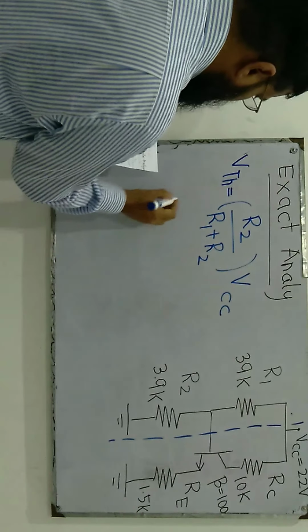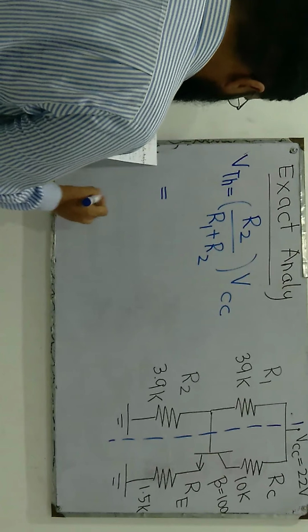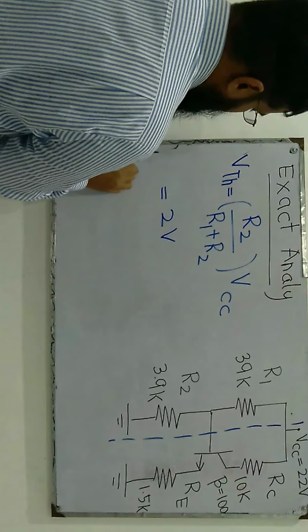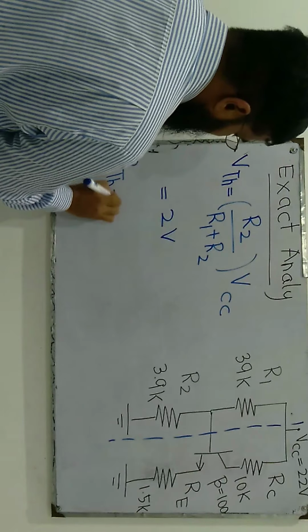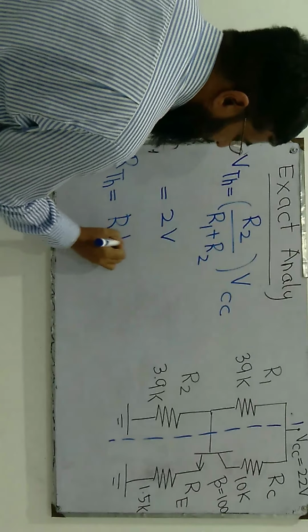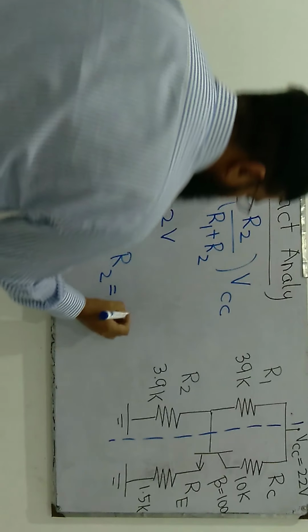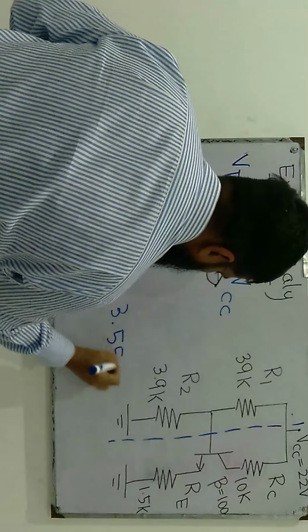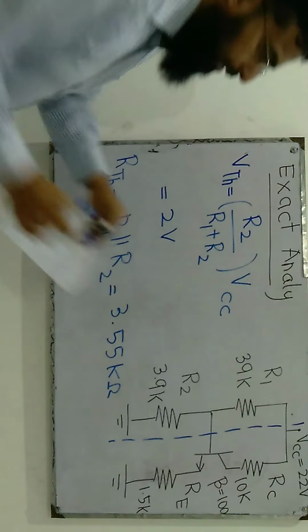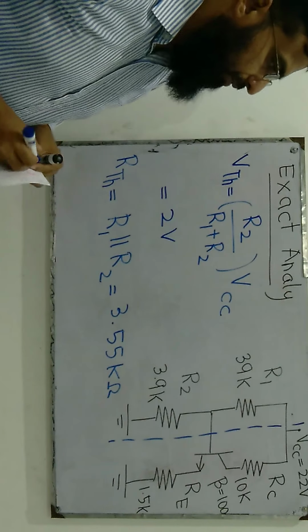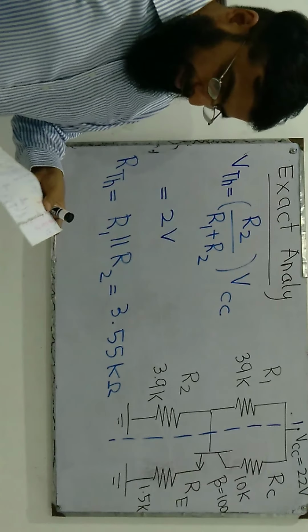Putting these values here, we get V Thevenin equal to 2 volts. Similarly, R Thevenin is the parallel combination of R1 and R2, which comes out to be 3.55 kilo ohms when we put R1 and R2 at 9K and 3.9K.